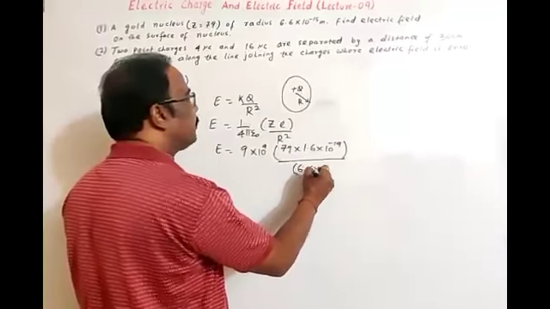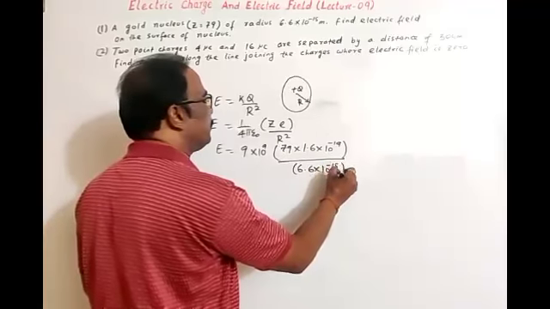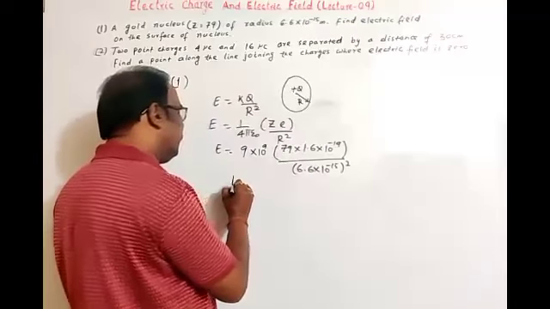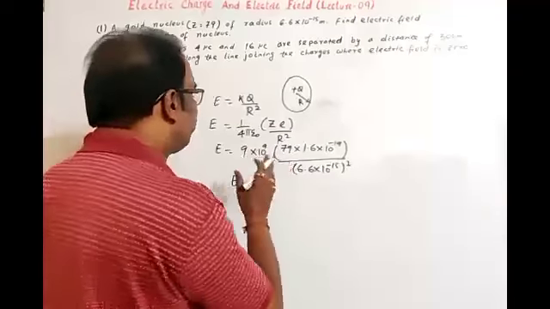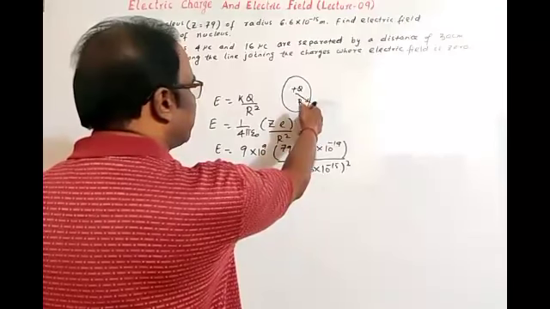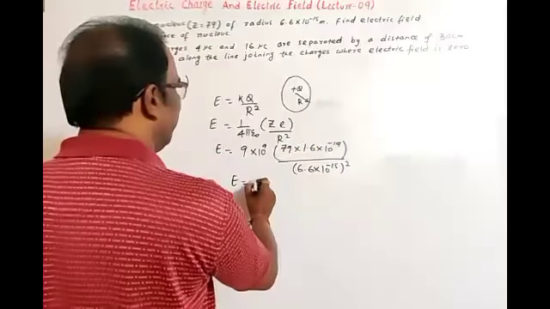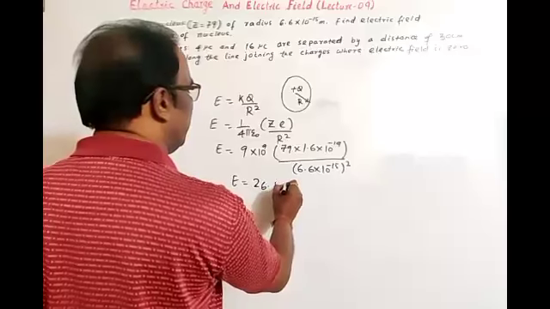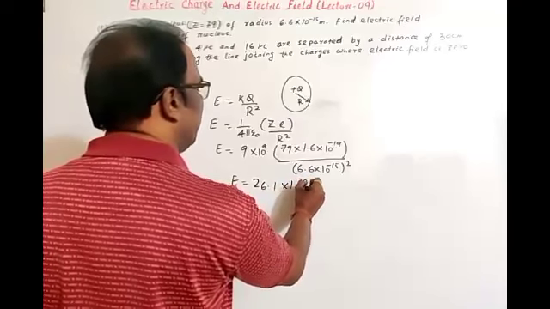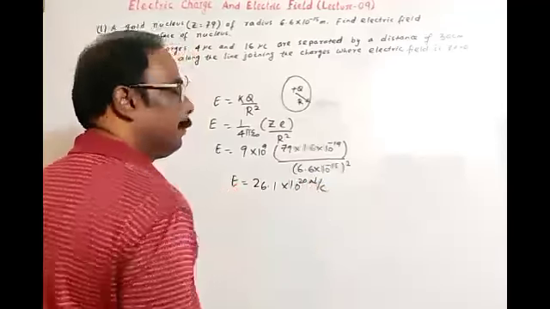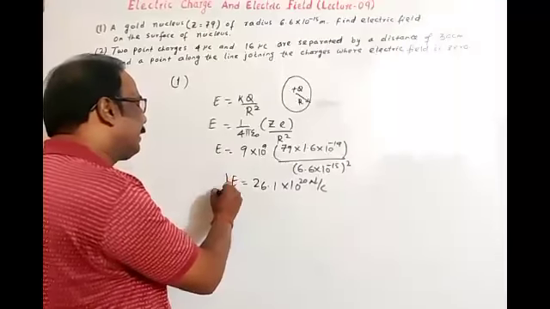It's given 6.6 into 10 to the power minus 15 meter, squared. Solving it we will get magnitude of electric field on the surface of gold nucleus: 26.1 into 10 to the power 20 Newton per coulomb. So this is magnitude of electric field.